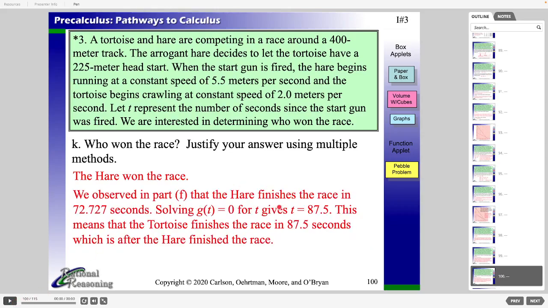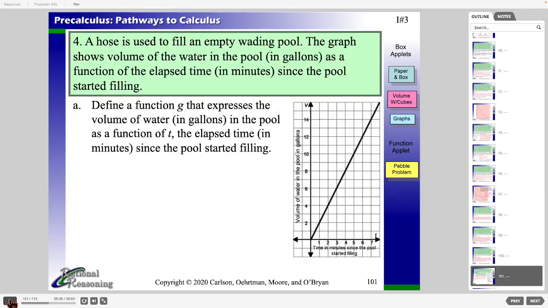Okay, and we could also see from what we did before that it only took 72 seconds for the hare to get to the finish line, while it took 87.5 seconds after the gun for the tortoise to get to the finish line. And the finish line is the same place for both of them. So you can even see it was almost 15 seconds between the two finishing.